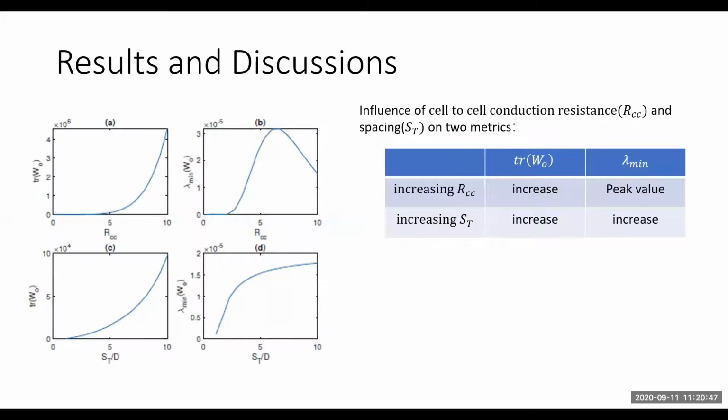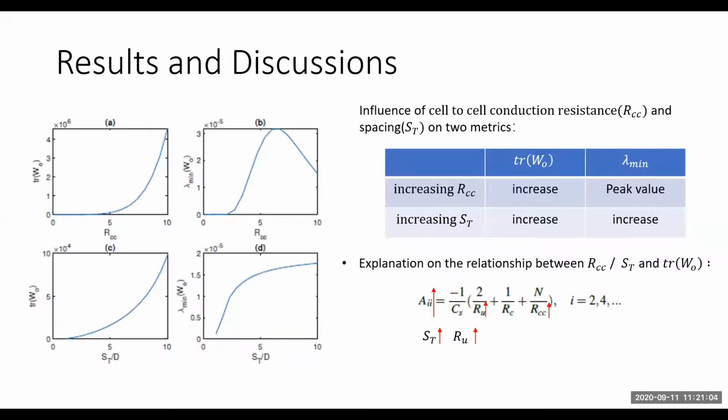We also investigated the influences of cell-to-cell conduction resistance and spacing on the two metrics. R_cc and S_T have a monotonic increasing relationship with the trace metric. The explanation is similar to the pattern under the trace metric. Since the trace metric is determined by A_ii, when R_cc increases, A_ii will increase accordingly.